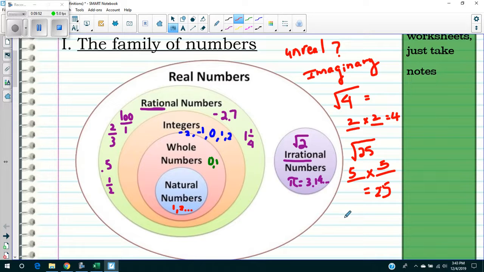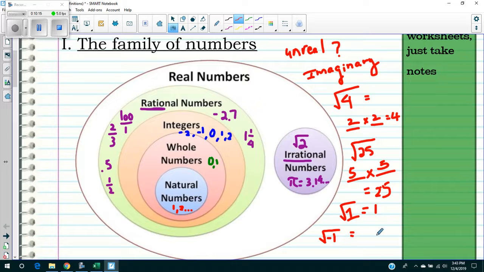So that's what a square root is. So where am I going with this? Well, imagine, right? You have a square root of 1. What's the square root of 1? In other words, what number times itself will give you 1? Yeah, 1, right? 1 times 1 gives you 1. But the problem is then, what number times itself will give you negative 1?